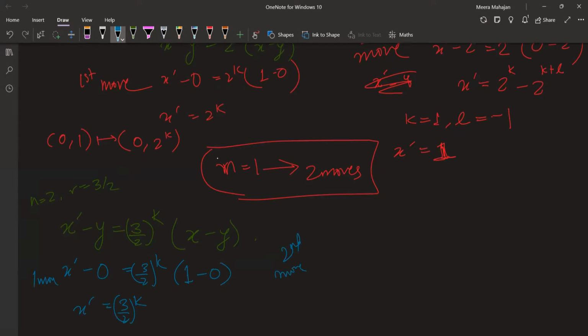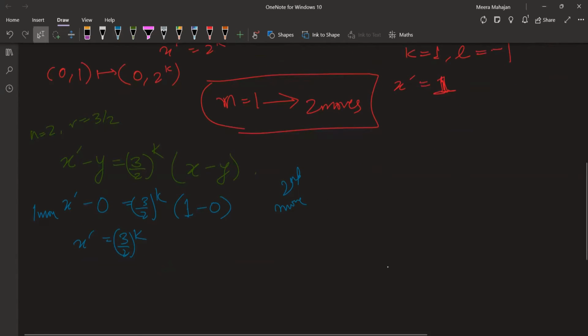After the second move, now let us try to move the red bead. And what do you get?